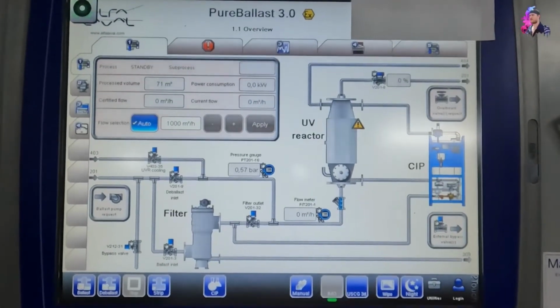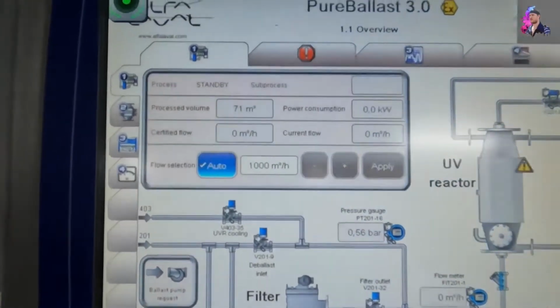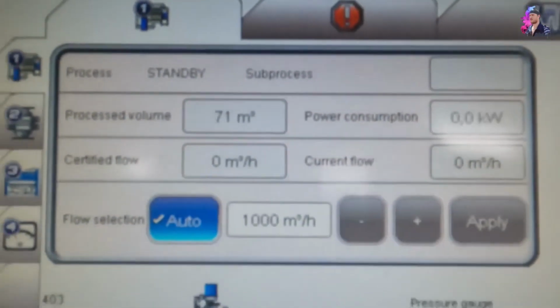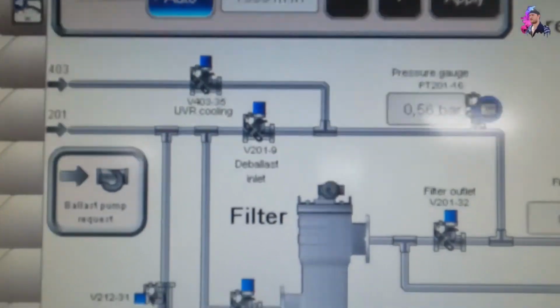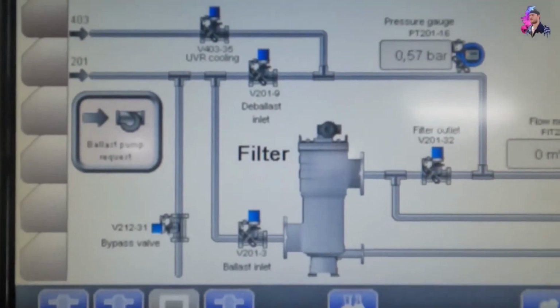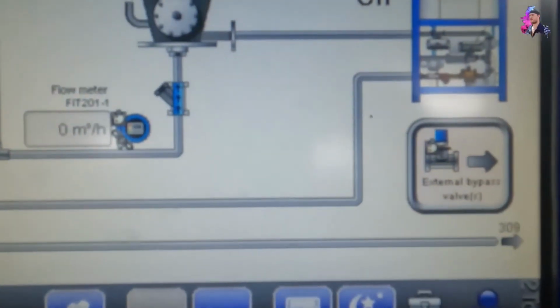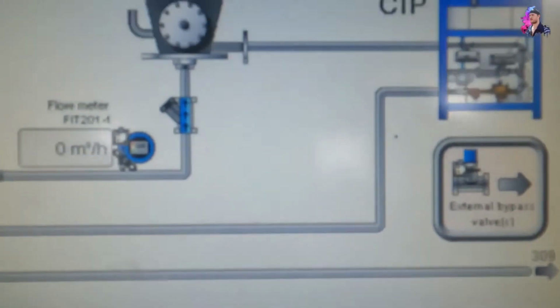So a few words about the ballast treatment system. This is used on board the vessels to treat the water from the sea, to remove all the bacteria and all the microorganisms from the seawater.